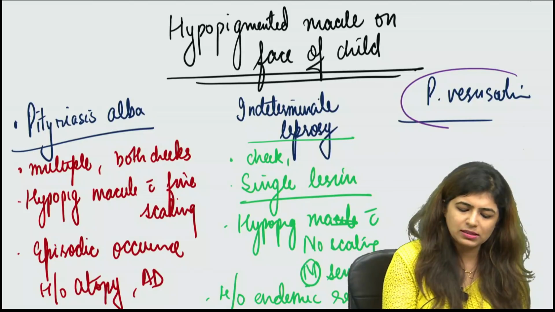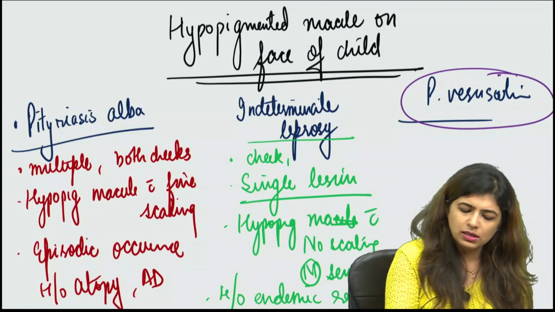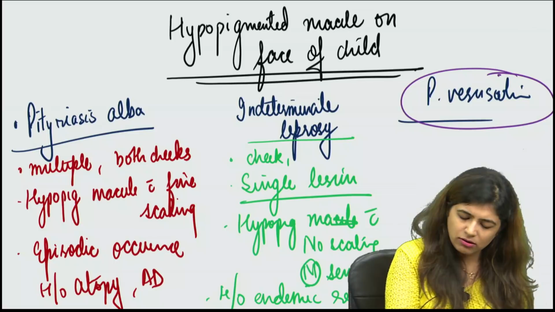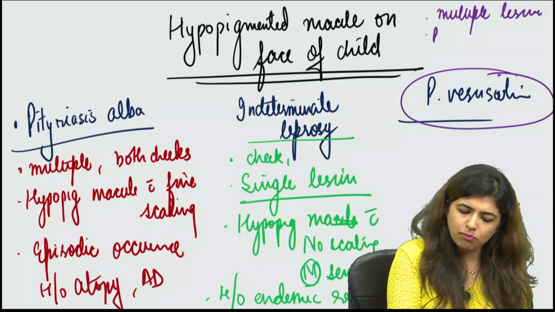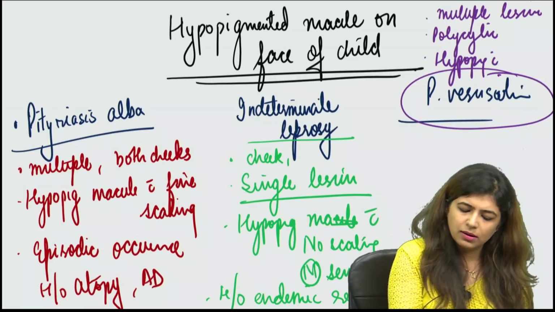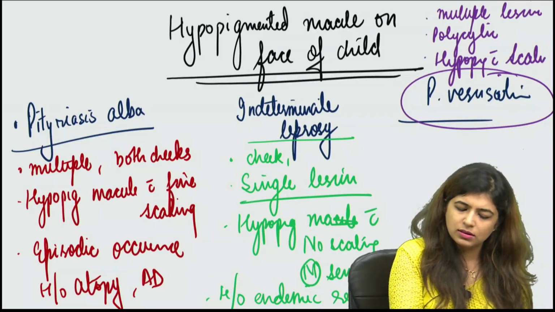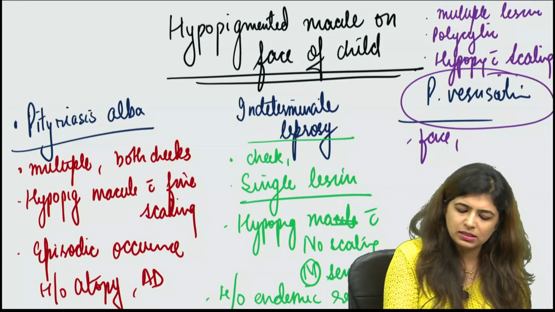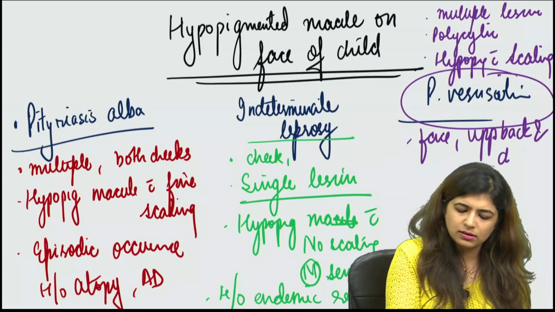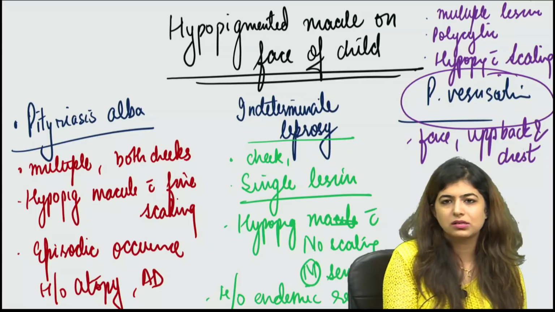Moving on to pityriasis versicolor. This will generally be multiple lesions which are polycyclic, means they coalesce. They will also be hypopigmented but have scaling, and they will not be present just on the face, they will be also present on the upper back and the chest.